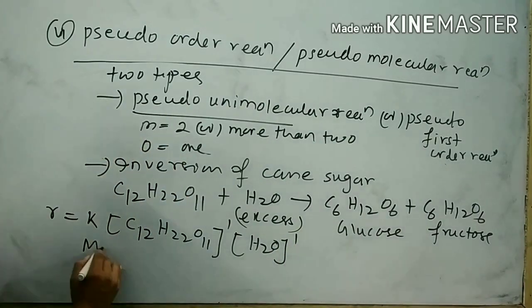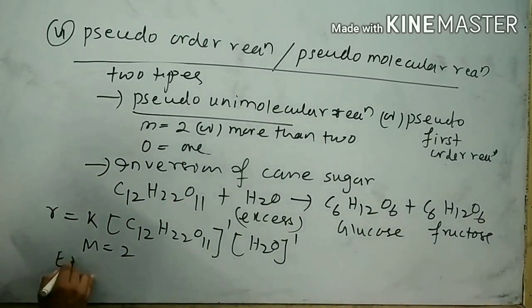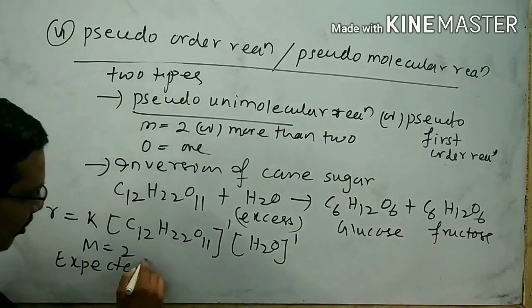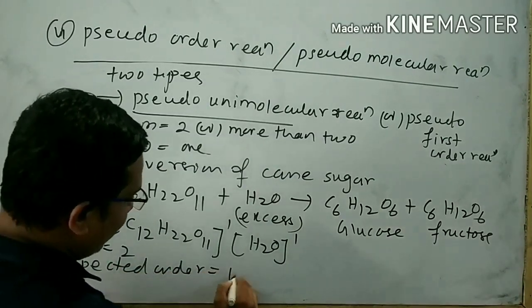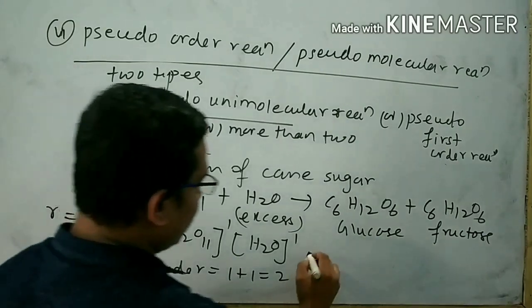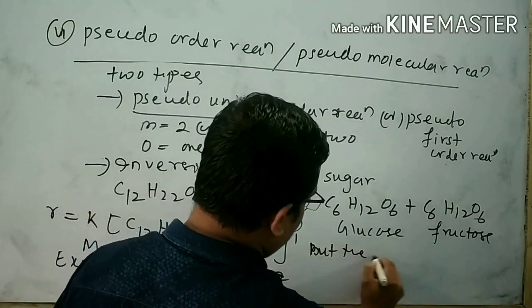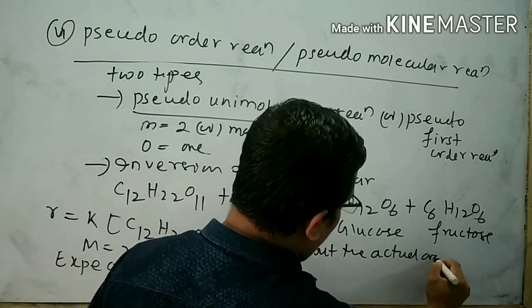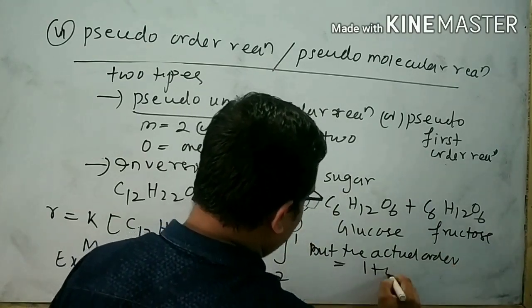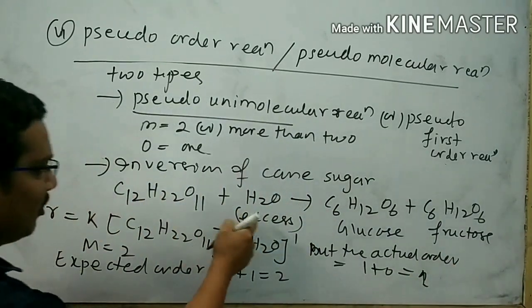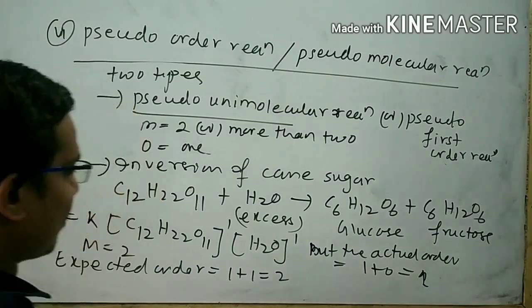Here the molecularity is 2 and the expected order is also 1 plus 1, that is 2. But the actual order is 1 plus 0, that is 1, because water is taken in excess amount.